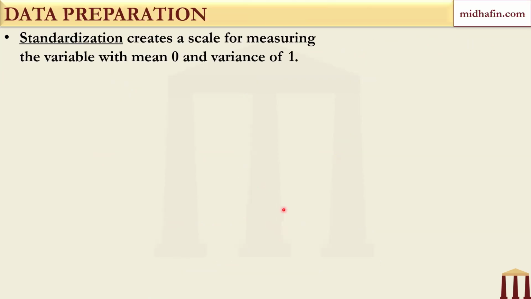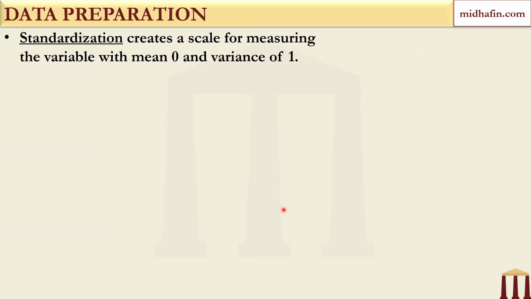Now, before you feed the data into machine learning models, you need to scale or transform it so that the features are on similar ranges. This is important because many algorithms become faster and perform better if you standardize or normalize the data. So how do you do standardization?